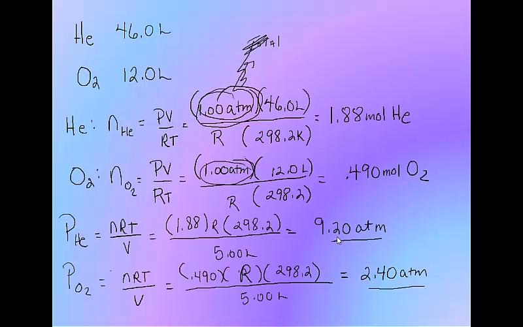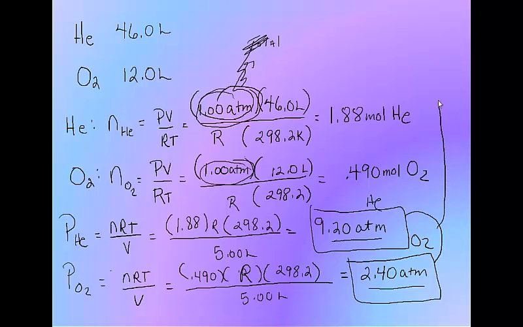All right, so here are my partials, right? 9.20 atmospheres, 2.40. This is the partial pressure of helium. This is the partial pressure of the oxygen gas. And the total is going to be the sum of the two. Total is going to be the helium plus the oxygen gas, and that's going to give me a total of 11.6 atmospheres.